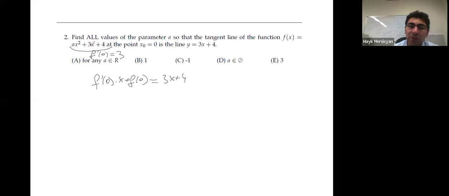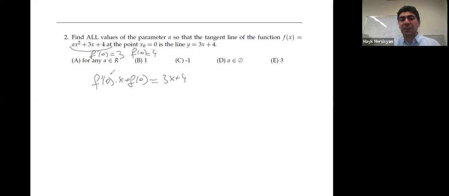At 0 it is 0, plus 3. It remains just to understand that f(0) should be 4, and this is the case. If we plug in x equals 0, we get that f(0) equals 4.